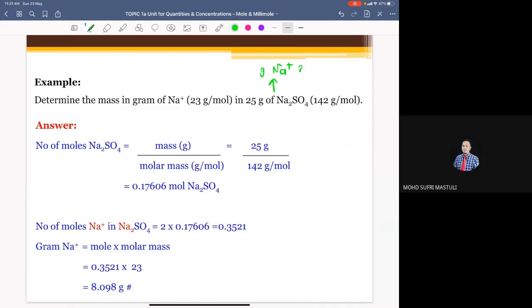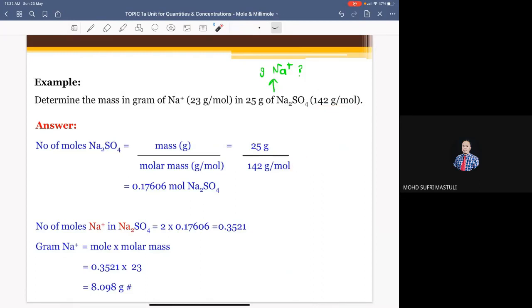So this is the question. First, you have to calculate the moles of sodium sulfate. As we know, mole is mass over molar mass. The mass of sodium sulfate is 25 gram. The molar mass of sodium sulfate is given in the equation.